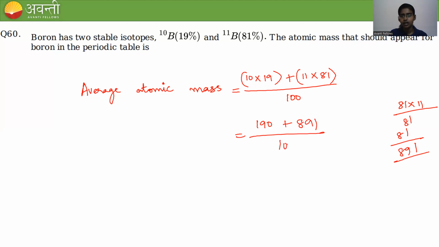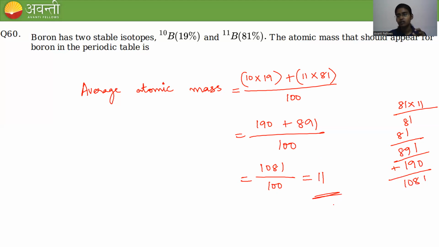So 891 plus 190 is 1081, divided by 100, which gives the average atomic mass of about 11. Okay, so the average atomic mass is 11, and that is the atomic mass shown in the periodic table.